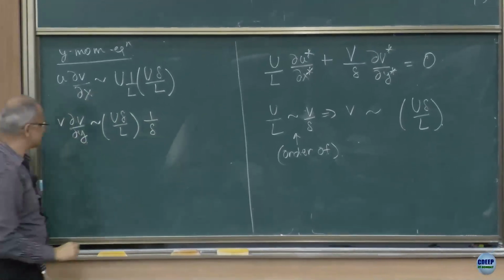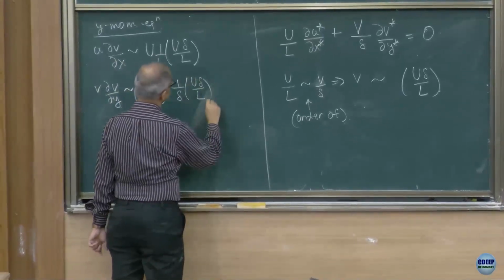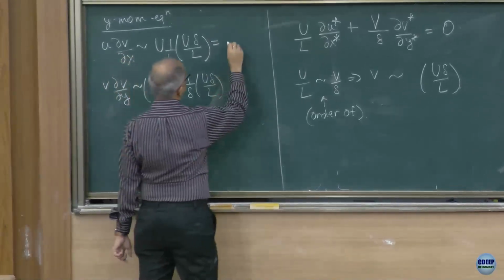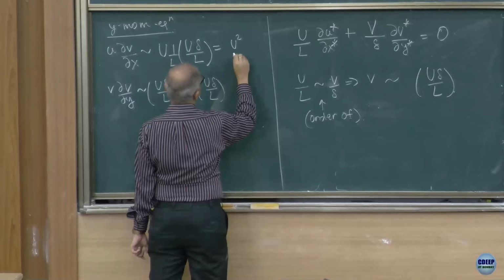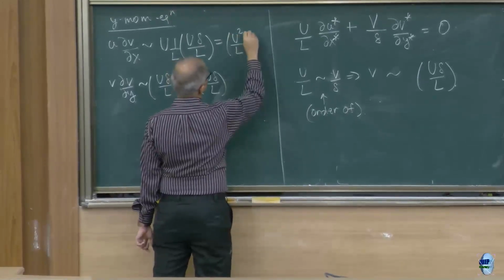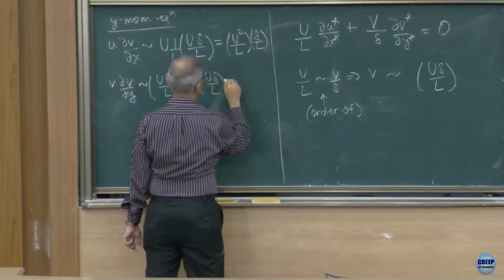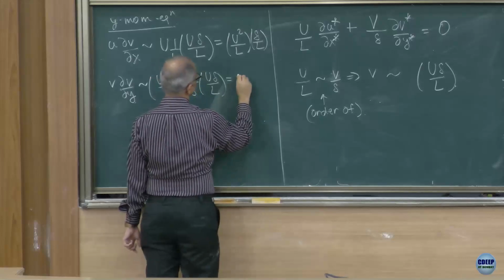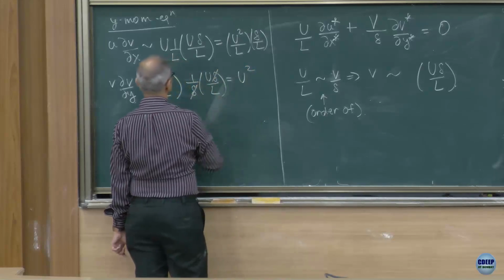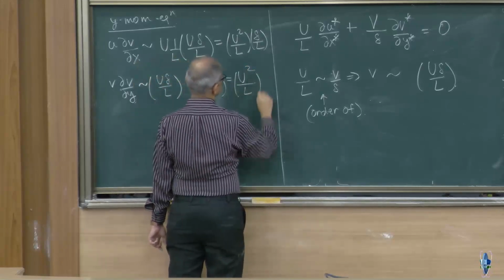So 1 upon delta times U delta upon L. So this comes out as equal to U square upon L, I will take that as common, into delta by L. And this is equal to U square by L times delta by L, since one delta cancels out.